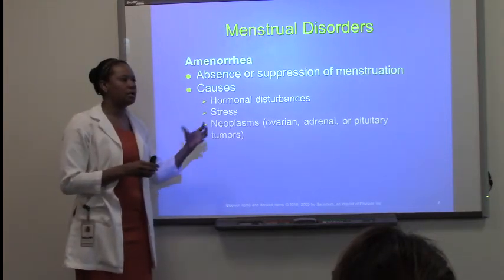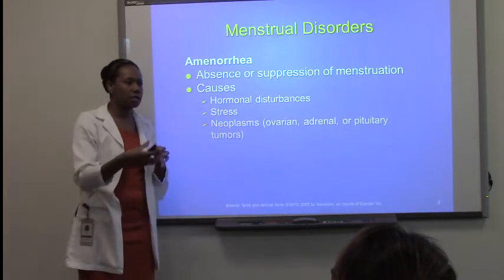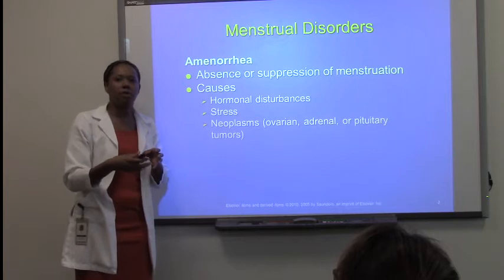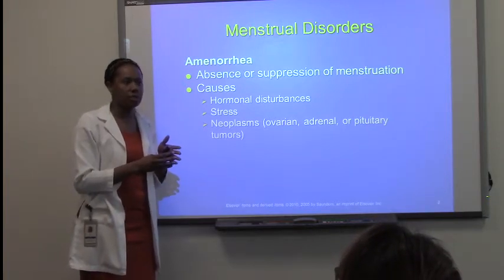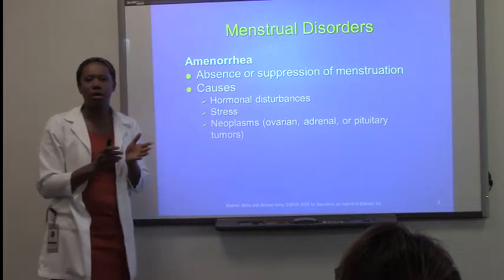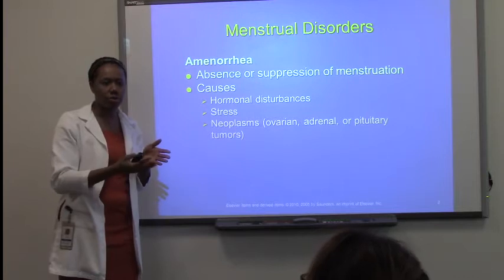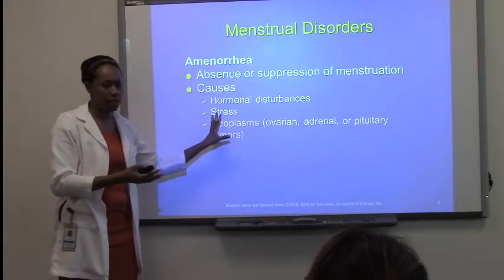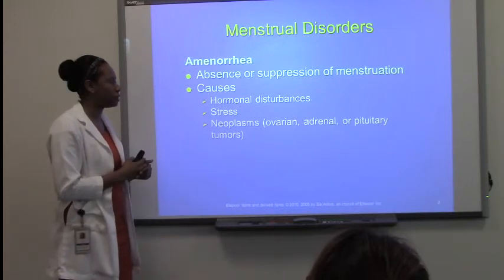But what happens here is that you need that increase of the hormones in order to start the actual menstruation. If those hormones are not elevated, then the menstruation will not happen. Okay, so please understand that this is a hormonal thing. And so what happens is if the hormones get suppressed, or not produced, then the whole menstruation won't happen, therefore leading this person into an absence or suppression of the menstruation.